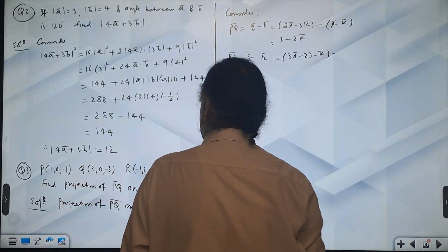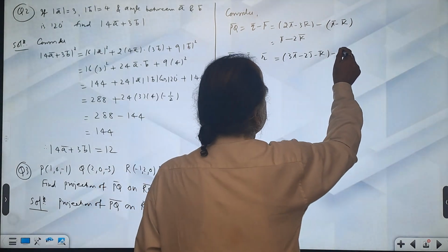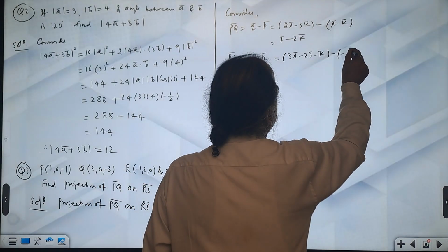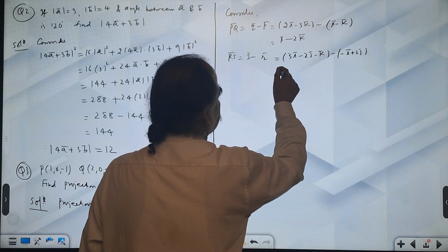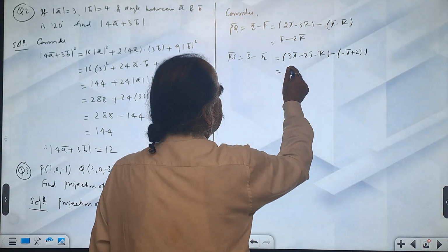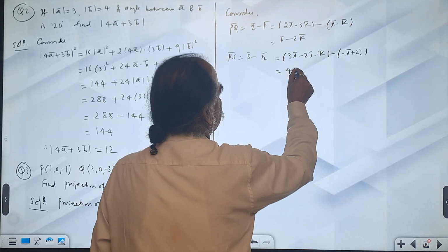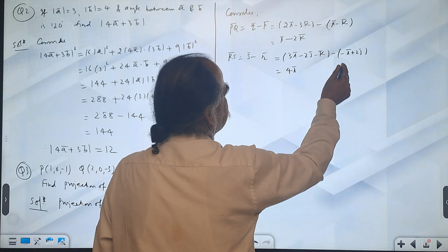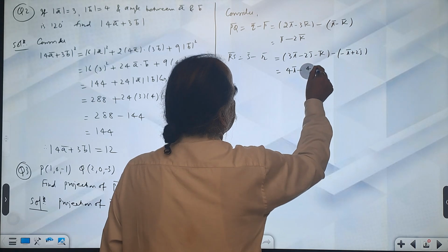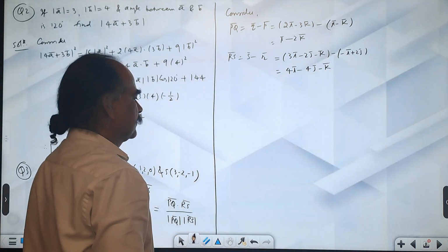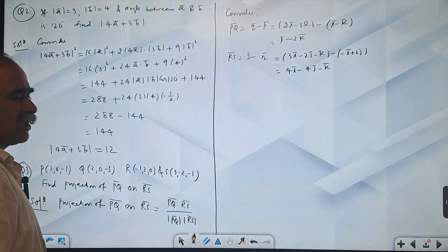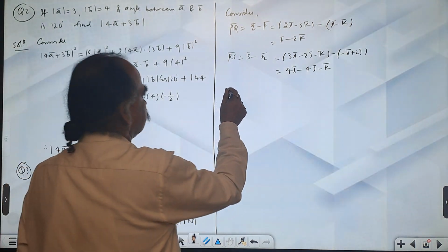Minus R bar is what? Plus i minus 2j. 3i plus i, 4i. Minus 2 minus 2, minus 4j. Minus k. Now we'll find out PQ bar dot RS bar.